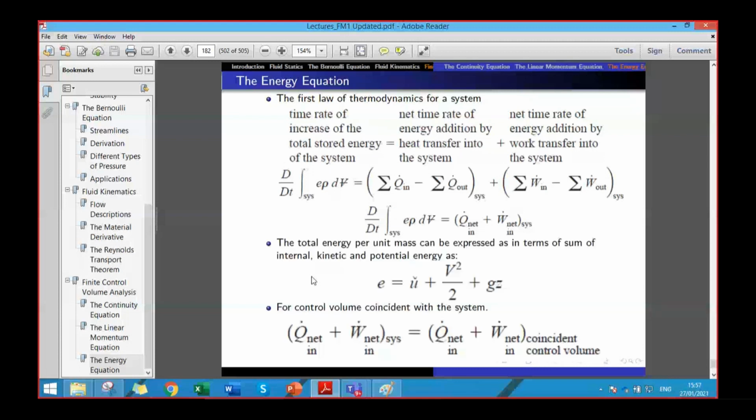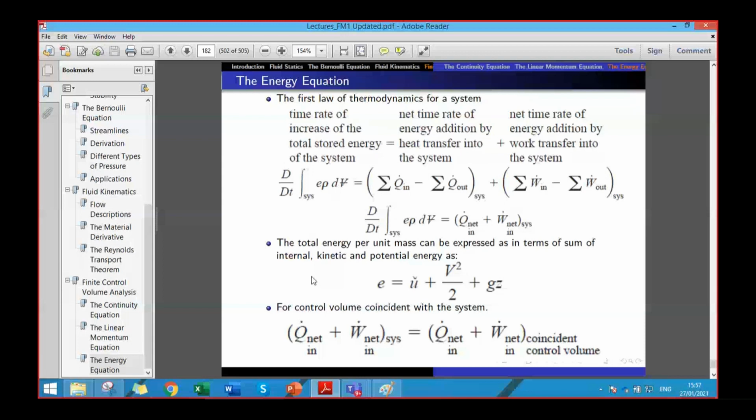So if we assume that at any instant the system is coincident with the control volume, so whatever is entering the system will be entering the control volume, whether it's the heat transfer or the work transfer. So the system concept would be equivalent to the control volume concept. So this d by dt integral rho e dV, which is the first term of the Reynolds transport theorem, should be equal to partial by partial t integral over the control volume of e rho dV plus integral over the control surface of e rho v dot n dA.